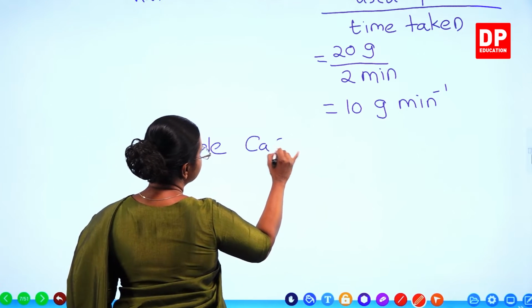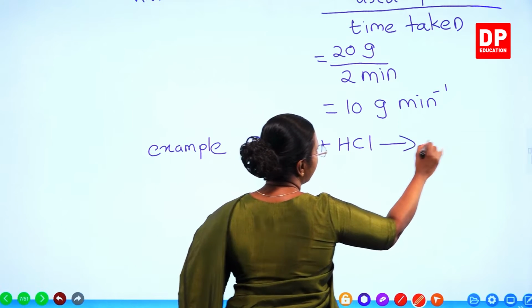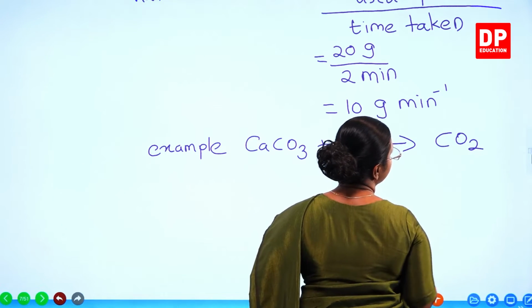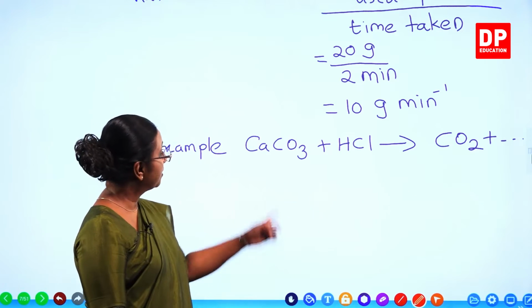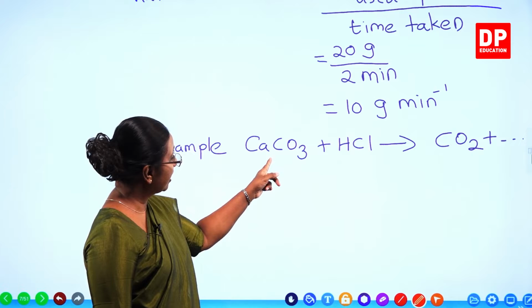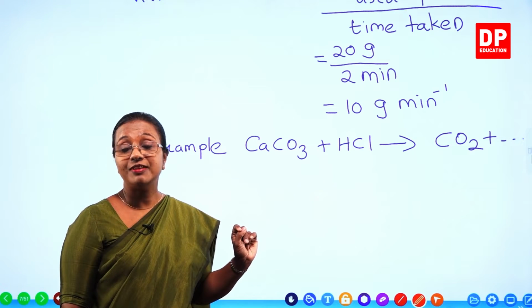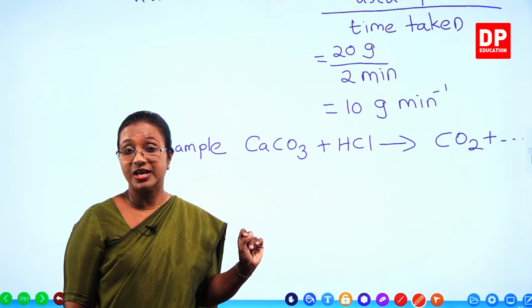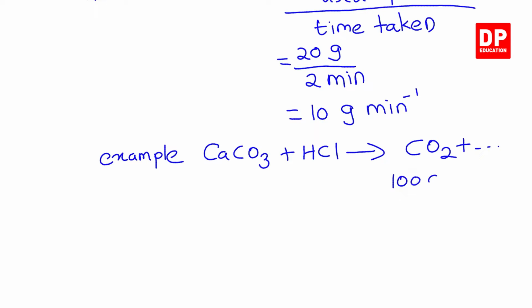Now let's consider the previous reaction where we saw calcium carbonate, another example. Where you have calcium carbonate reacting with hydrochloric acid, I will consider only this product, carbon dioxide. There are other products, but I said there you can observe calcium carbonate dissolving, but better if we can collect carbon dioxide. So let's say if we collect 100 centimeter cubes of carbon dioxide, let's say it takes about 5 minutes.